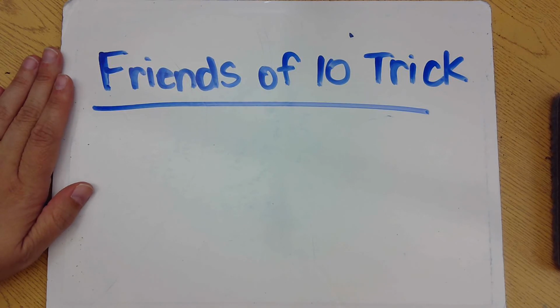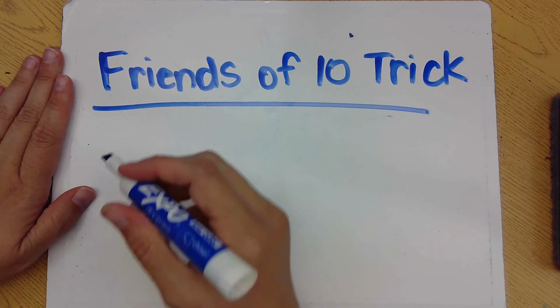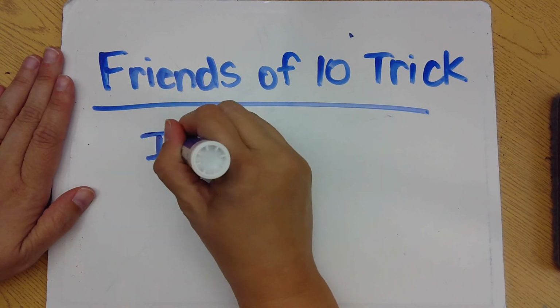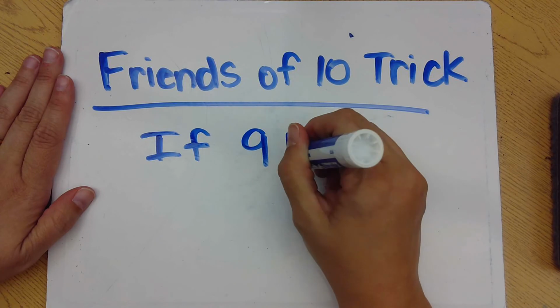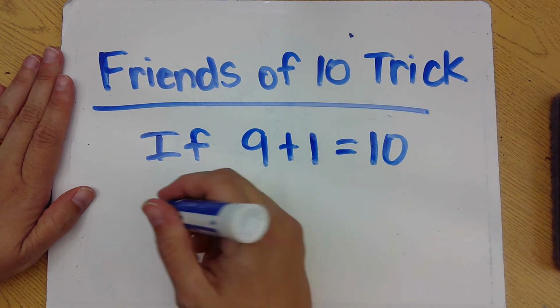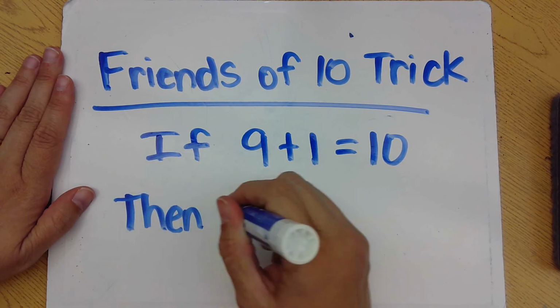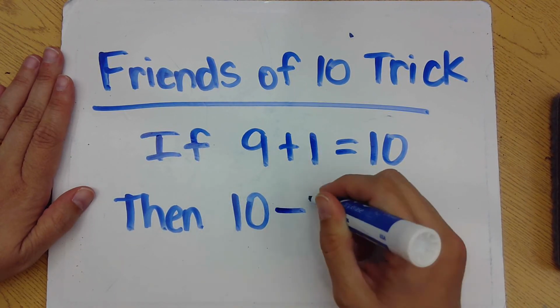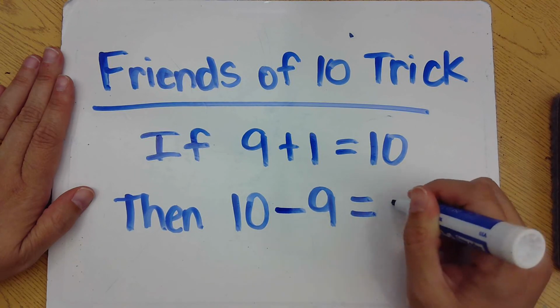One last strategy that I want to go over with you for using subtraction is the friends of 10 trick. So think about the numbers that make 10. If we know that 9 plus 1 equals 10, then 10 minus 9 equals 1.